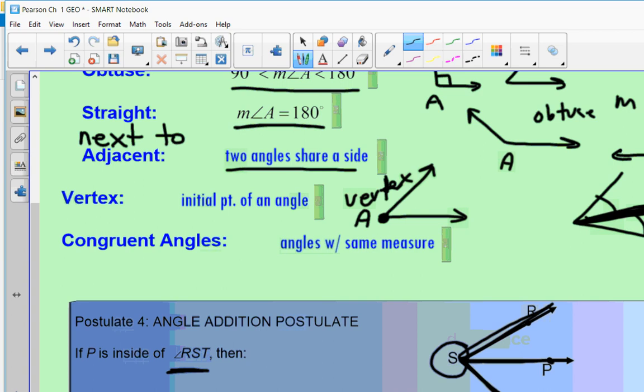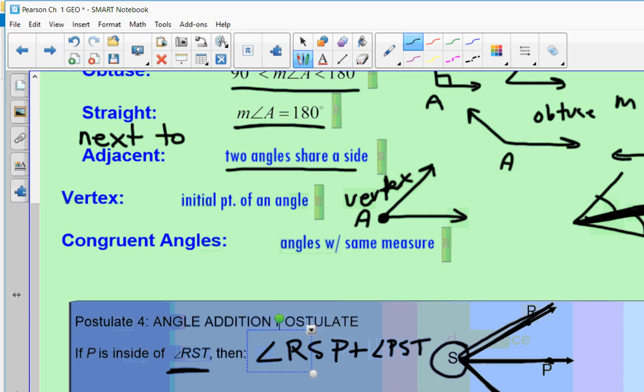But when I put P inside, what I did now was I created two more angles. I created angle RSP, and I created angle PST. And by doing that, I can now say I can add these two together. That's what addition means.